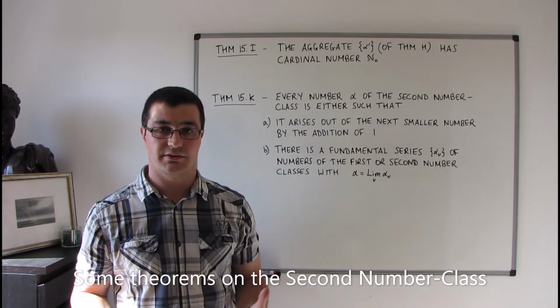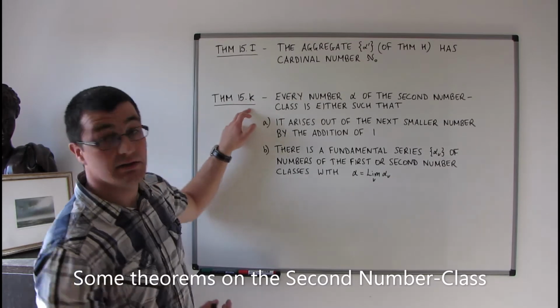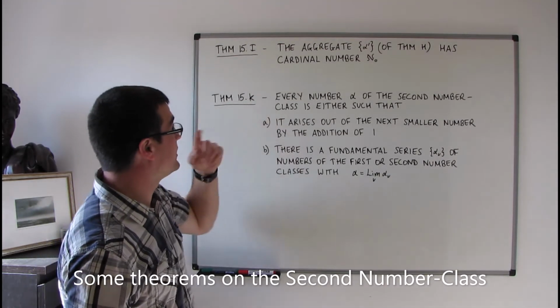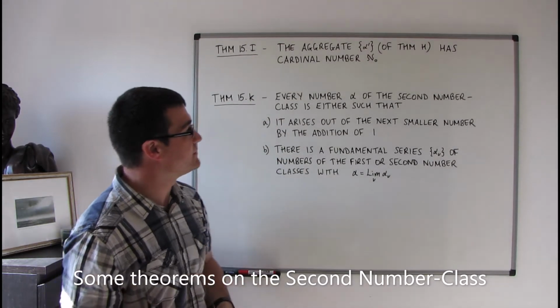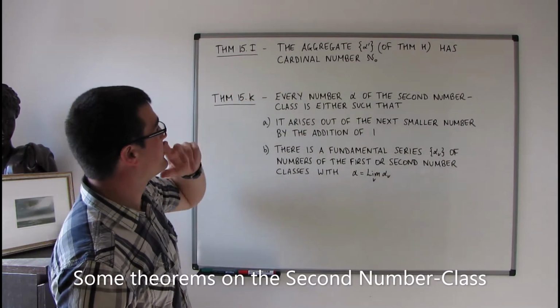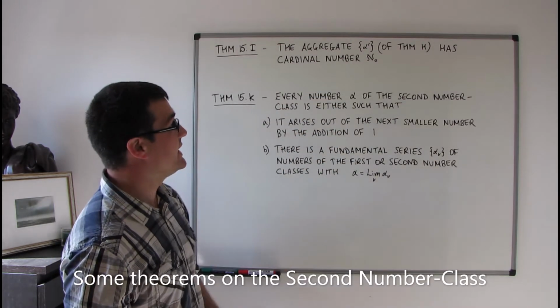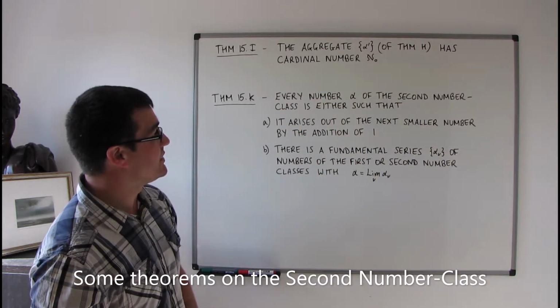Okay, so the next lot of theorems here, just the two theorems I and K. There is no theorem J in Cantor's work for whatever reason, I don't know. But theorem I, fairly straightforward one. The aggregate that we've just been studying in Theorem H has cardinal number Aleph-0.